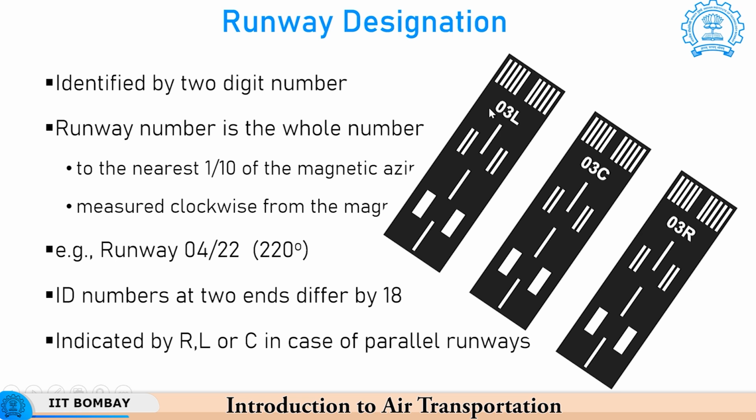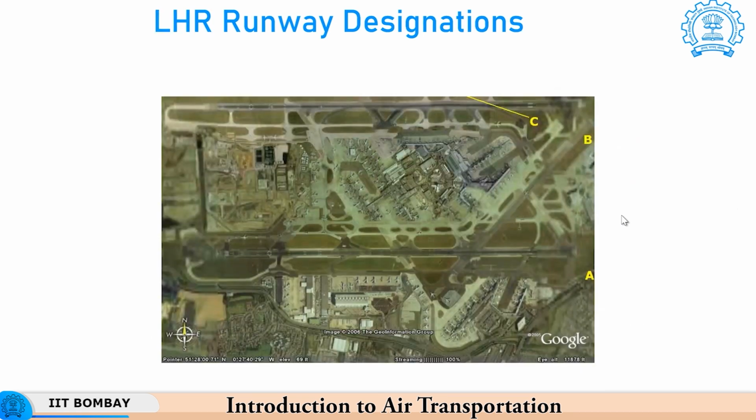So, they are indicated as either L or R if there are 2 parallel runways, left or right, or if there is a center one, you can have L, R and C, where L is left, R is right and C is center. At many airports, as I will show you, you will find that there are multiple runways in the same direction. So, you have to use this kind of numbering scheme.